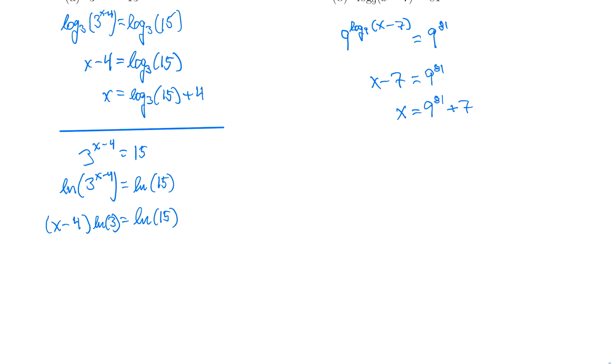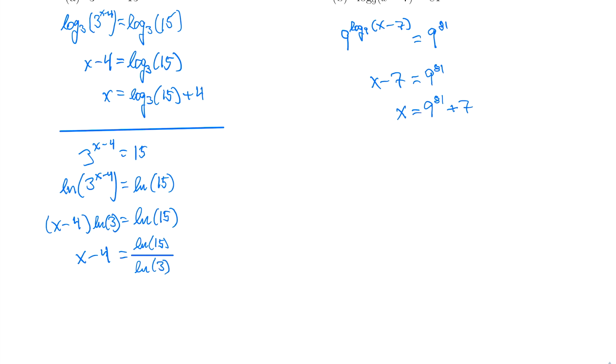Then I divide both sides by ln of 3, and I'm left with x minus 4 on the left side, and here I have ln of 15 divided by ln of 3.